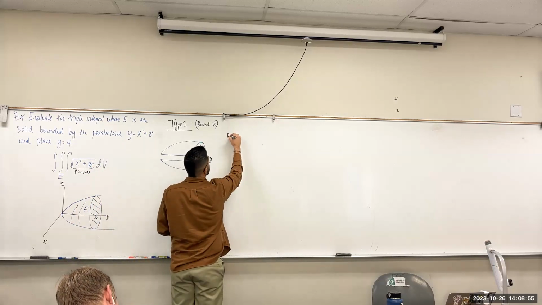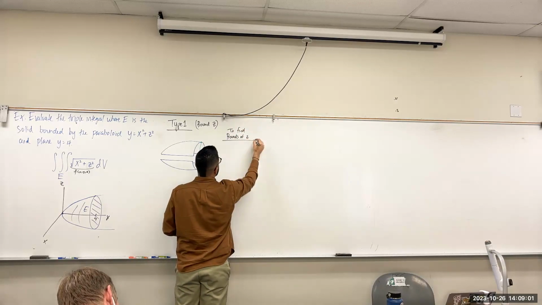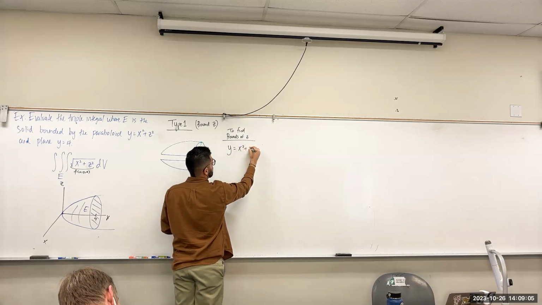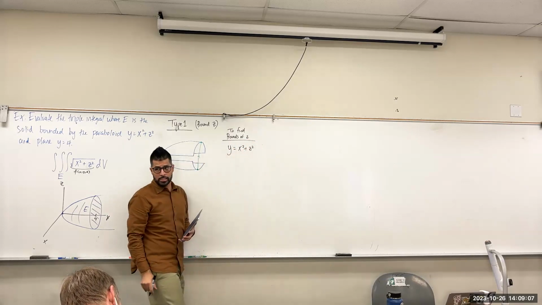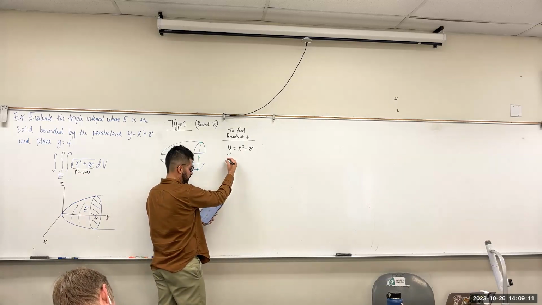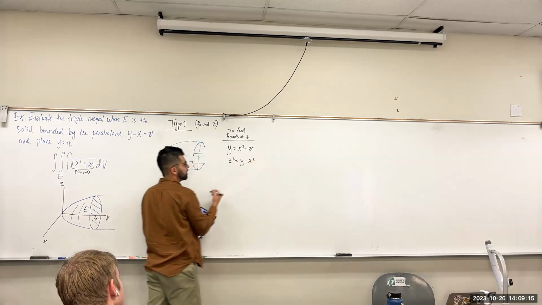So to find the bounds of z, we're going to get this equation, and we have to isolate z. So let's move this over here, and we get z squared is equal to y minus x squared.